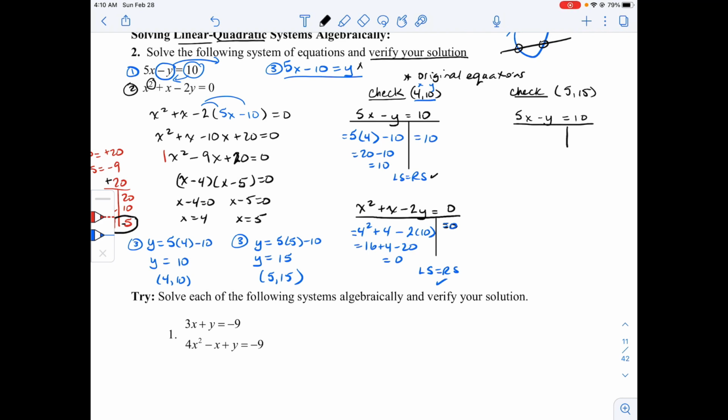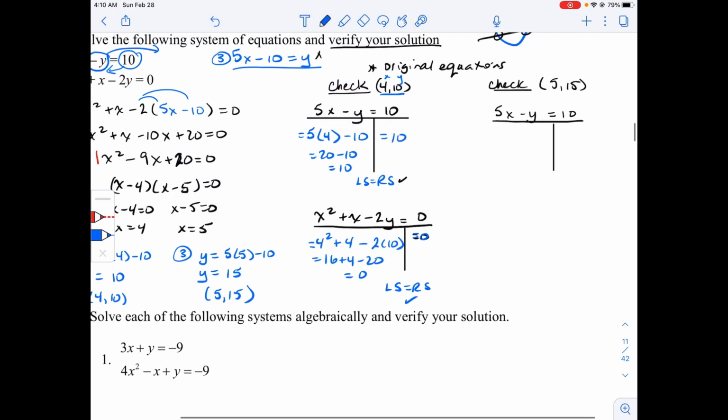We set up a little t-bar, and of course the equal sign is what separates the sides. So we're going to sub in 5 times 5 minus 15, and that should equal 10. 25 subtract 15 is of course equal to 10. So left side equals right side.